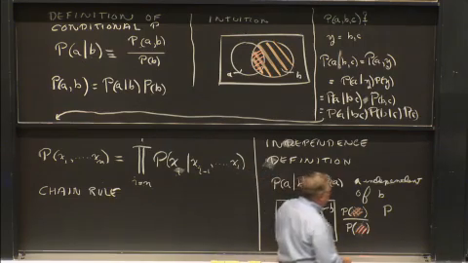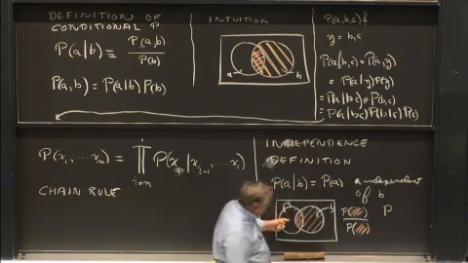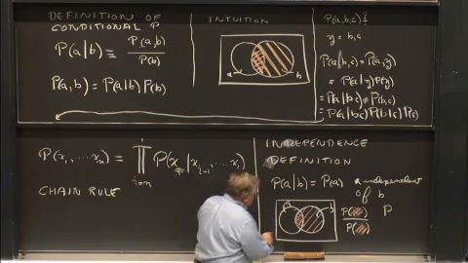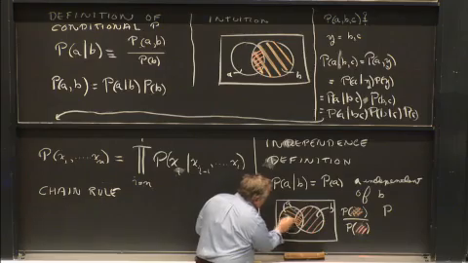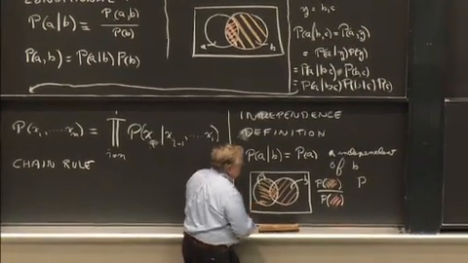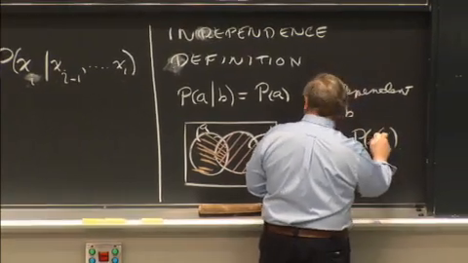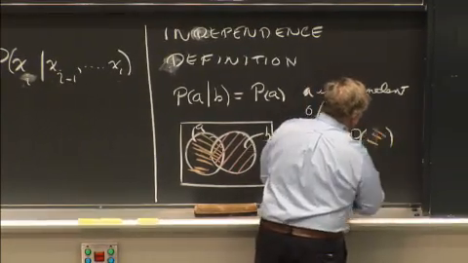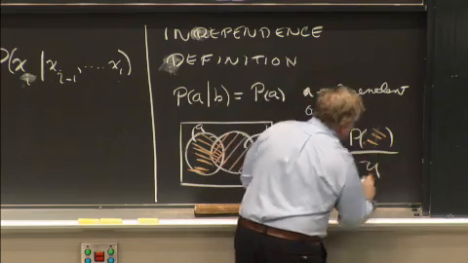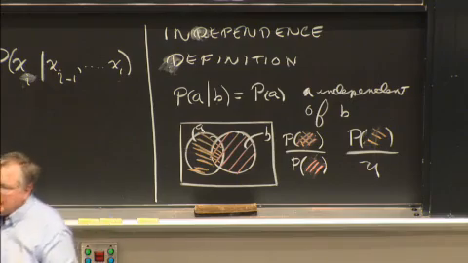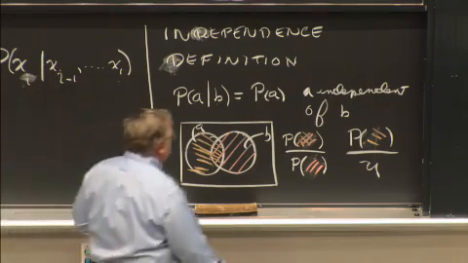And let's see, the probability of A, not conditioned on anything except being in this universe, is all of these hash marks like so, divided by the universe. So when we say that something's independent, it means those two ratios are the same.